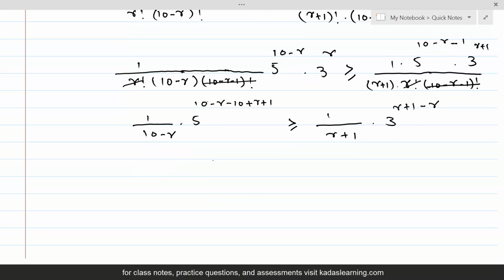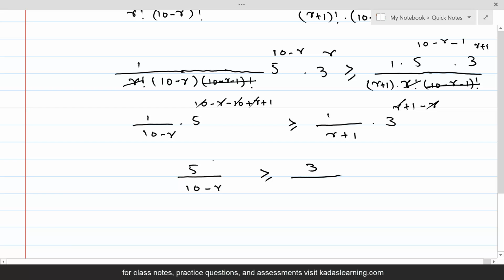So this gives us 10 gets cancelled with minus 10, r with minus r. So what we are left with is 5 divided by 10 minus r is greater than or equal to 3 over r plus 1.